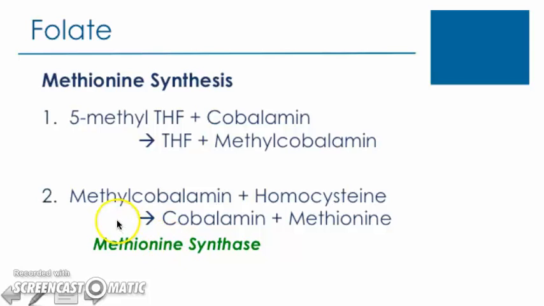So we see the reaction drawn out here once again, as well as the transfer of methyl groups. So we saw before that the methyl group is originally a component of methylcobalamin, and then it's transferred to homocysteine to then become methionine. And again, you want to keep in mind the activity of this enzyme, methionine synthase.